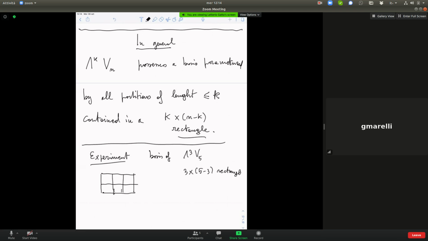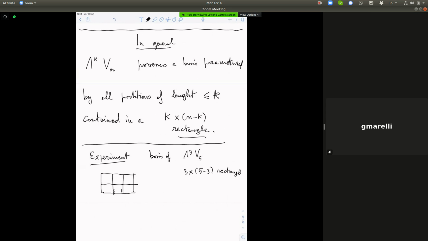Now we can count. Look, now I count the dimension of wedge 3V5 by counting the partitions. Okay, I have first the partition 0. Then I have the partition 1. Then the partition 2. Then a partition 3. Good, I found already 4.